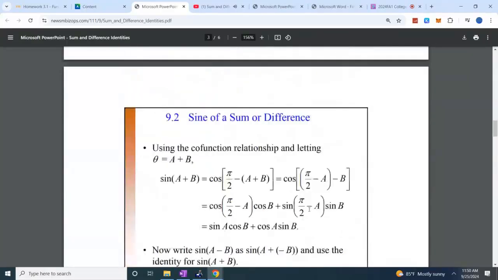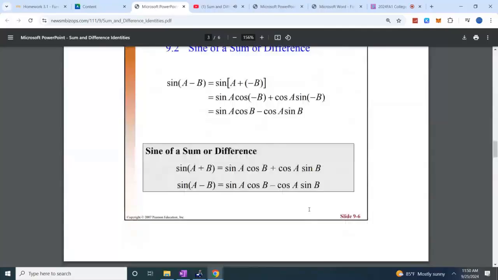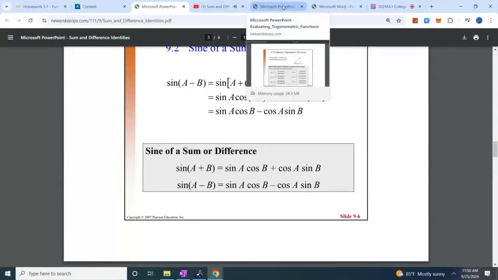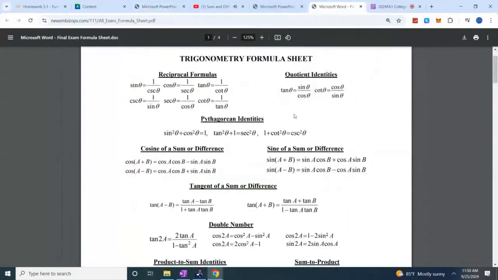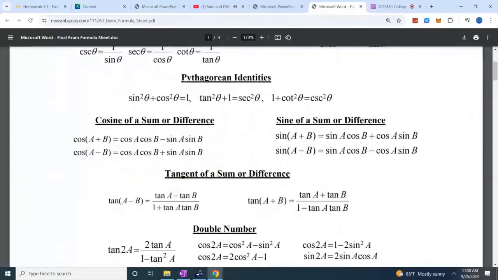We also have a sum and difference of sine. So now on the slides, it just kind of shows how all of these formulas are derived. We're just simply going to use the formulas as facts. So if I pull up the exam formula sheet, on the left-hand side, we have the sum and difference of cosine.